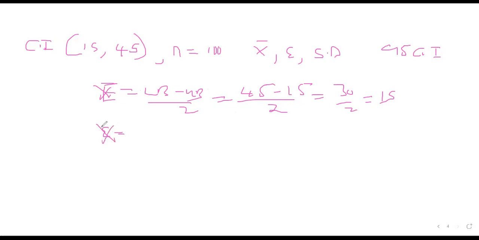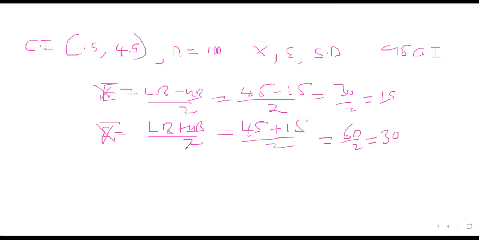We also have the mean. The mean is simply the lower bound plus the upper bound divided by 2. So 45 plus 15 divided by 2. We get 60, and 60 when divided by 2, you get 30. So that's how we find our mean.